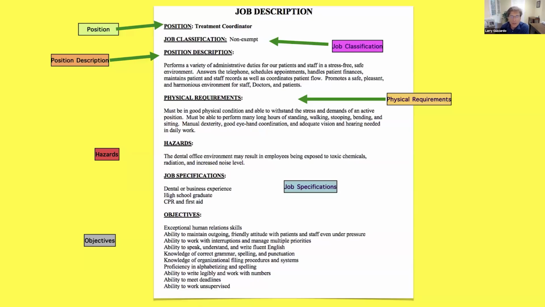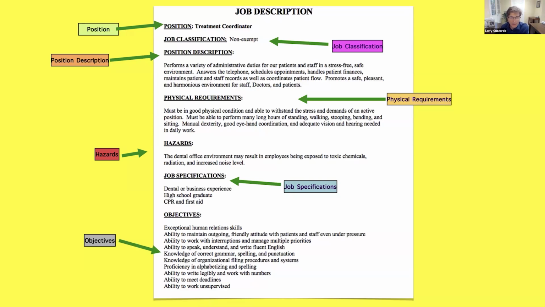Those physical requirements should be listed there, because in the event that somebody can't do these things, then it's like, well, the job requires that you be able to sit or stand or whatever. And if you can't do that, then we may not be able to continue to keep you hired here. You'd also let them know of any particular hazards so that they're aware of it. Any specifications about experience or degrees that they might need should be listed there.